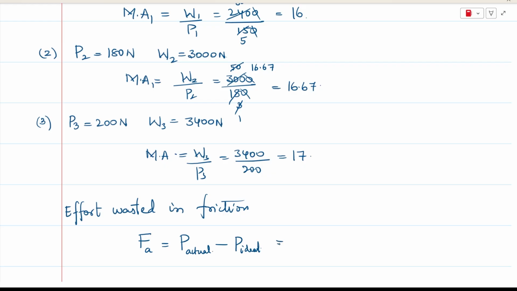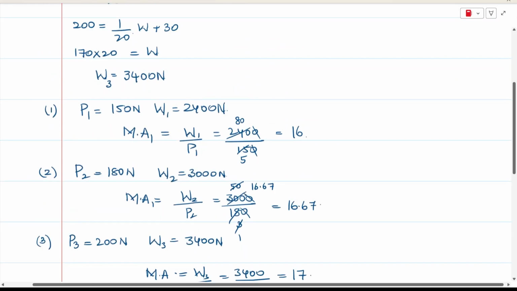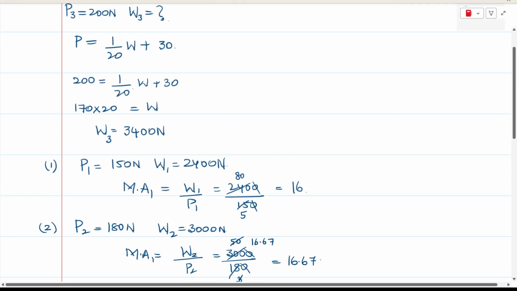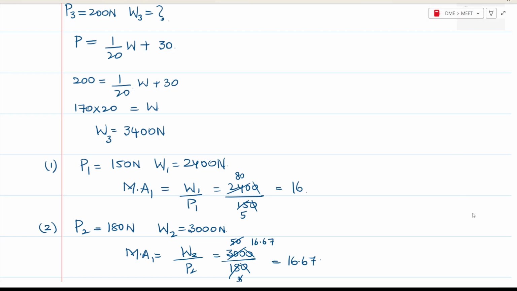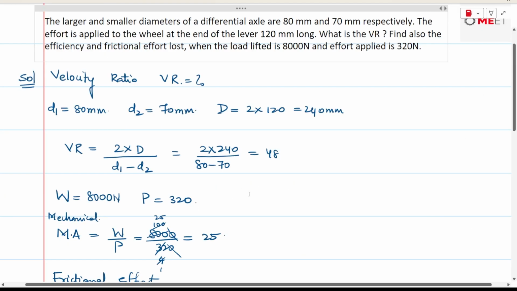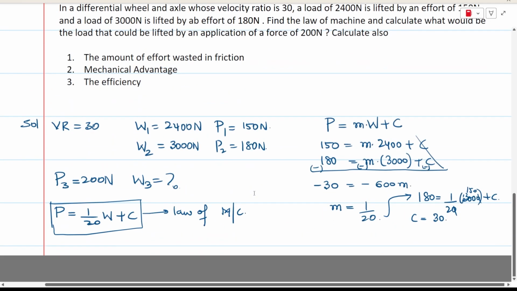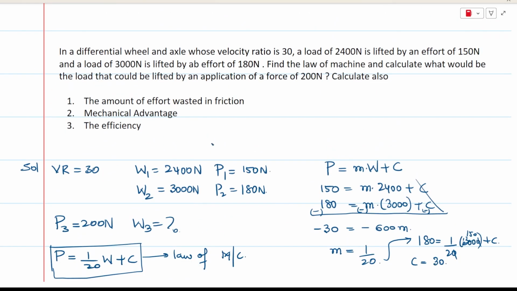The actual effort is P actual, and the ideal effort is load divided by velocity ratio. So the velocity ratio for this situation needs to be checked. Let me go back to the previous slide and check the data. Yes, the velocity ratio is given as 30.